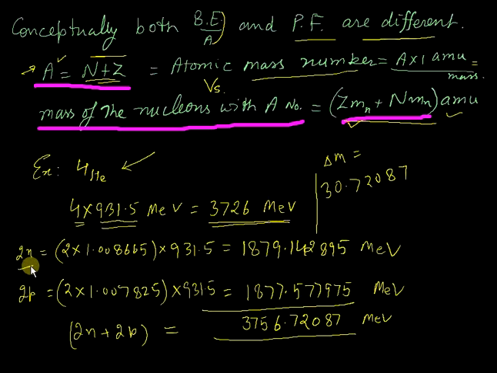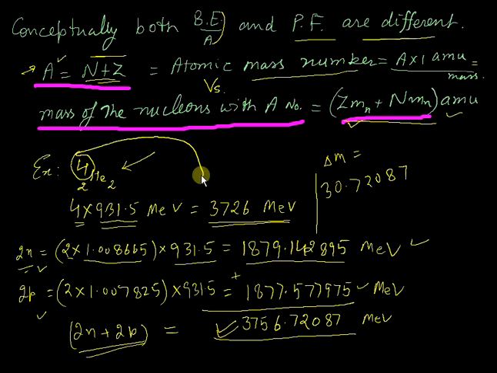And if I look independently, because in an alpha particle there are 2 protons and 2 neutrons, the sum of the masses of the constituents, 2 protons and 2 neutrons, is 3756.72087 MeV. Corresponding to the atomic mass number, the value is 3726 MeV, and here it is 3756. So this is the conceptual difference.